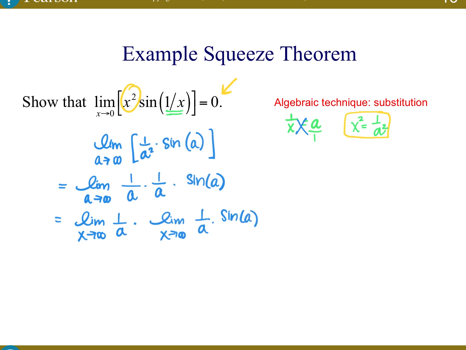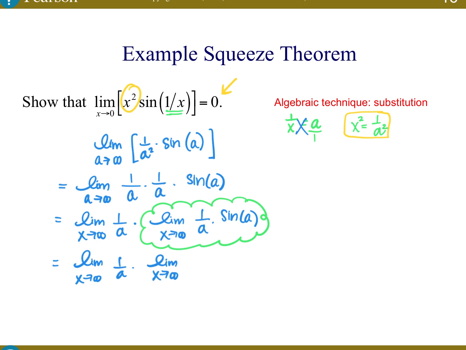The reason I separated that is because I'm thinking that this is something we worked with yesterday. So now I've got 1 over a times the limit, and then I can put them together as sine of a over a. And this is a limit you should have memorized.